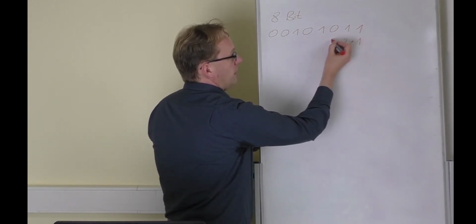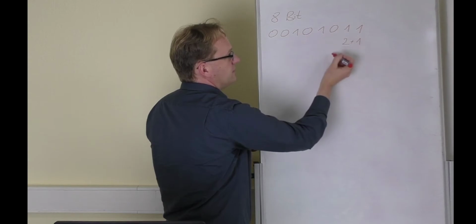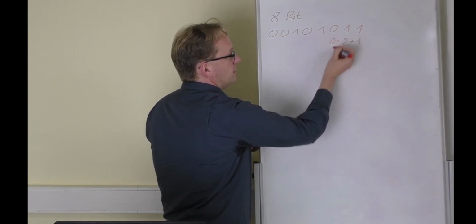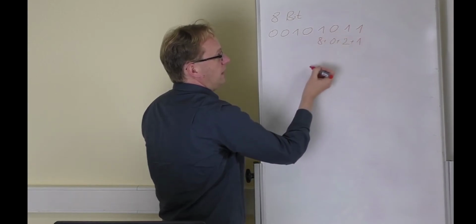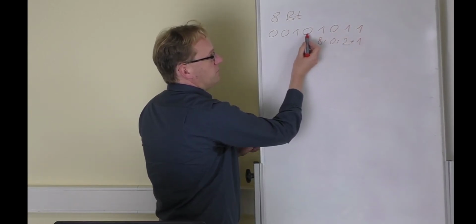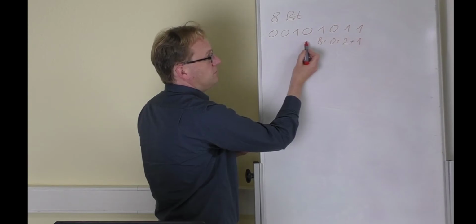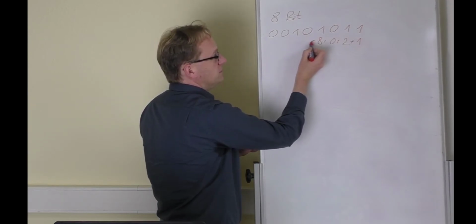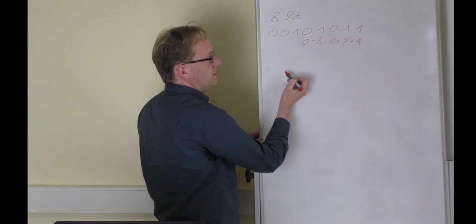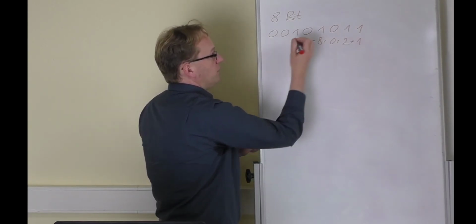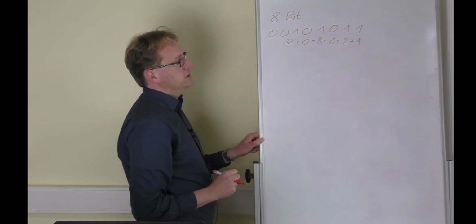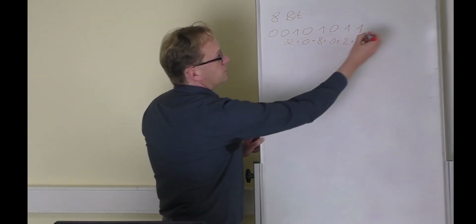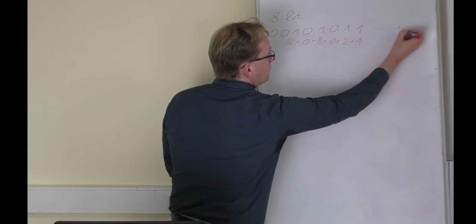This one would have value 4, but because there's a 0, there's nothing. This one would be of value 8. This one would be of value 16. But because we have a 0, that's simply nothing here. And then we would have, for this one, value 32. So in total, this one would be equal to 43 as a decimal number.